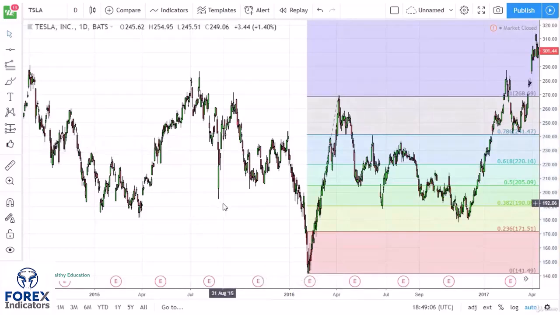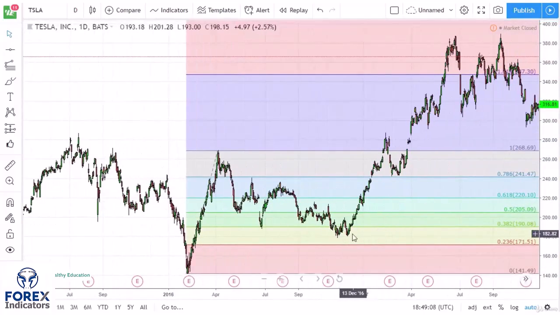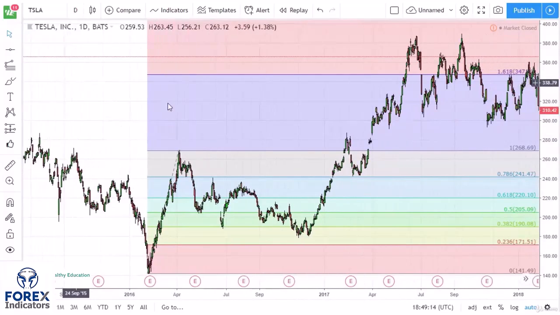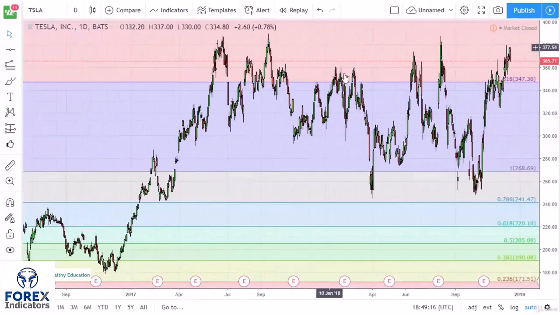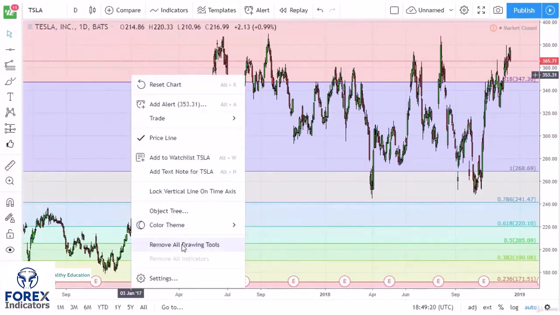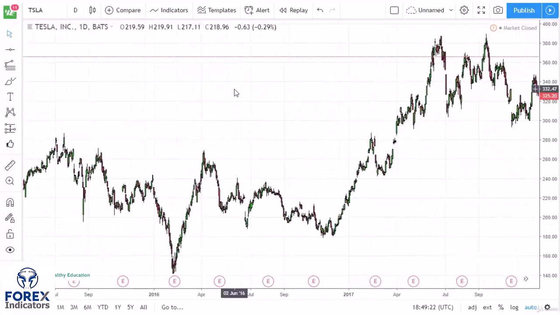And you're going to find that somewhere right around the 38 or so, or the 61, we have bounced and taken off to the upside. Again, you can see how predictive they are, but you don't just put up a fib and trade that.